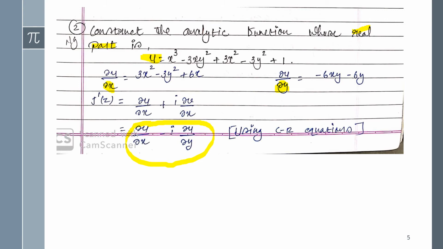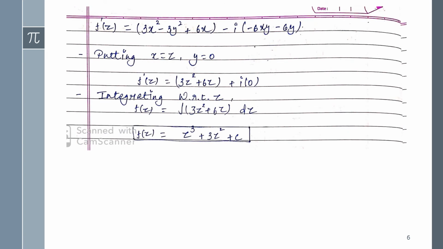Then next you have to apply the third step, right? That you have to put x equals to z and y equals to 0. Okay, so applying both these conditions, we will get this one at the last. And at the last you have to apply the fourth step, that is, you have to do the integration.